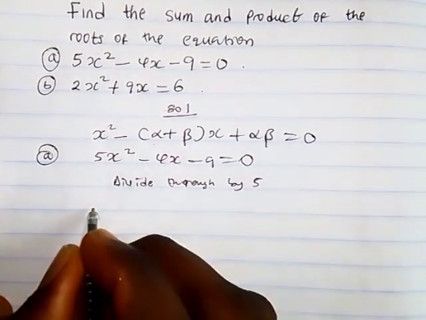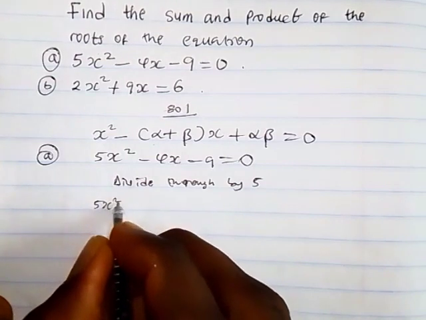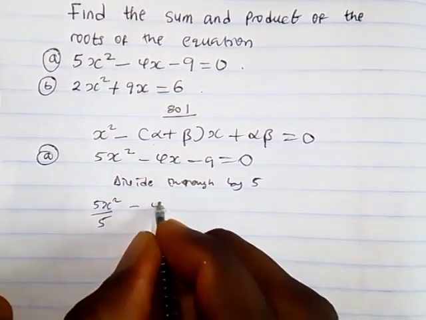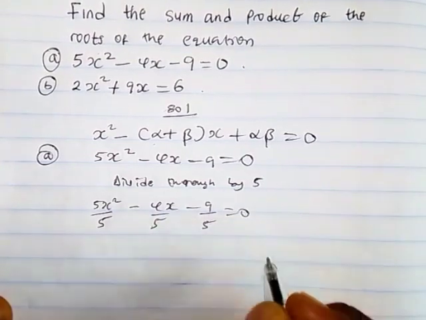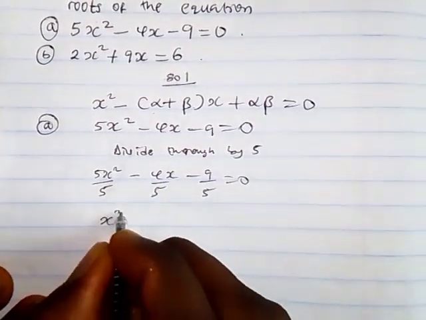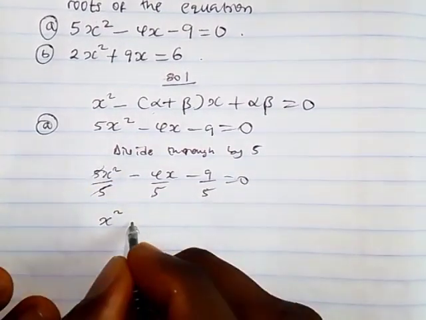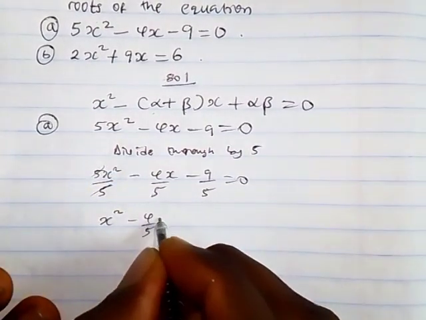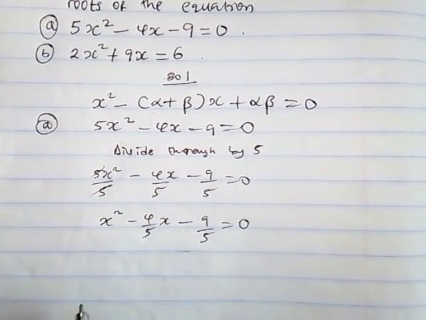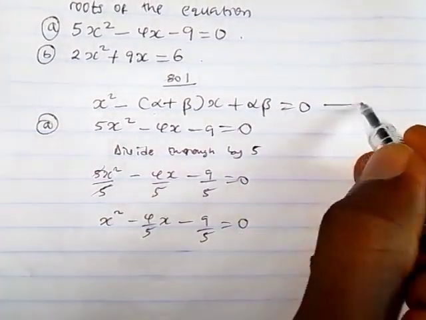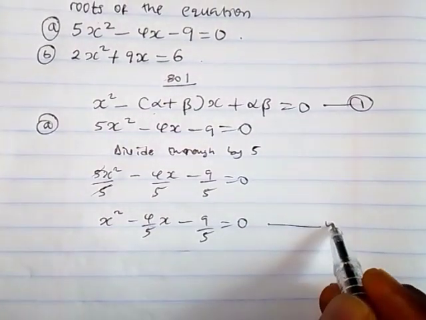So we have 5x squared over 5 minus 4x over 5 minus 9 over 5 equals 0. So that we have x squared, this eliminates this, so we have minus 4 over 5 x minus 9 over 5 equals 0. So let's call this equation 1, let's call this equation 2.